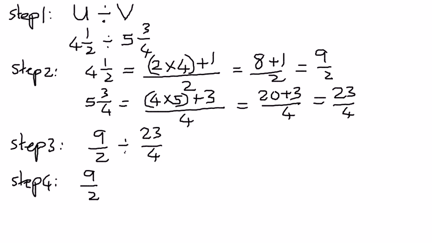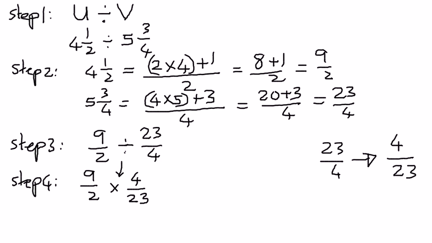We convert the division into multiplication, and then we write 23 over 4 as its reciprocal. And when we write it as its reciprocal, it's going to be written out as 4 over 23. The denominator becomes the numerator, and the numerator becomes the denominator. So therefore we can write this one as 4 over 23, like that. And now we are ready to simplify.